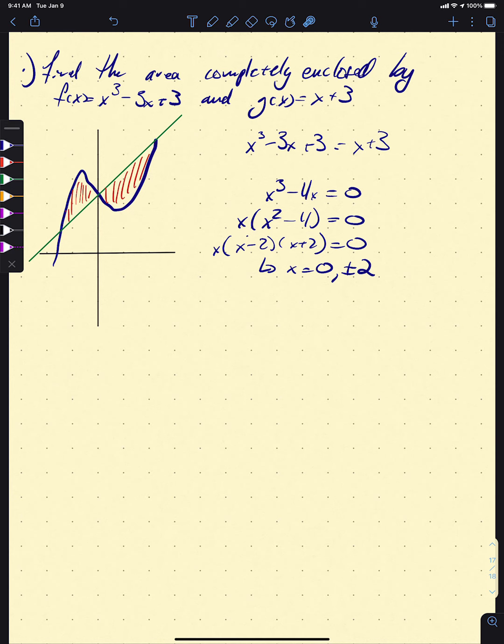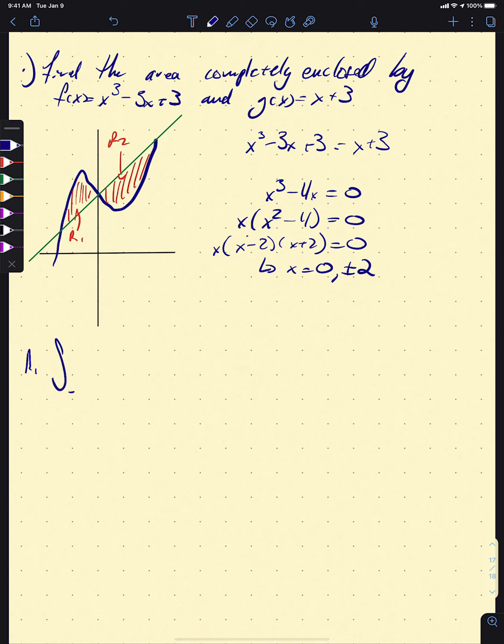And now we split these up into a series of integrals, right? My whole area, we can sort of once again break this up into region 1 and region 2, right?